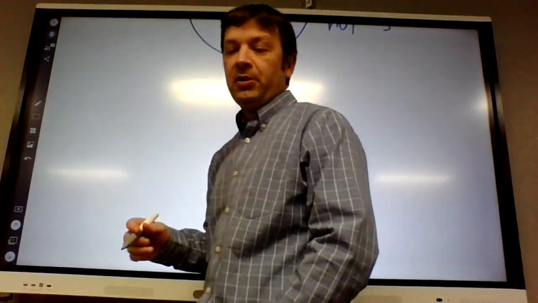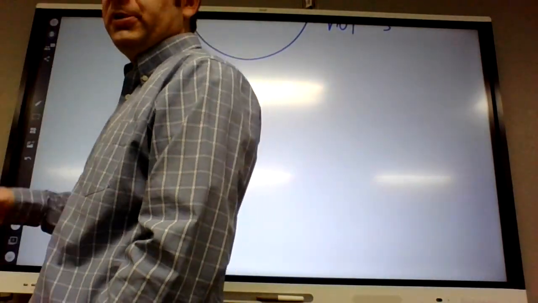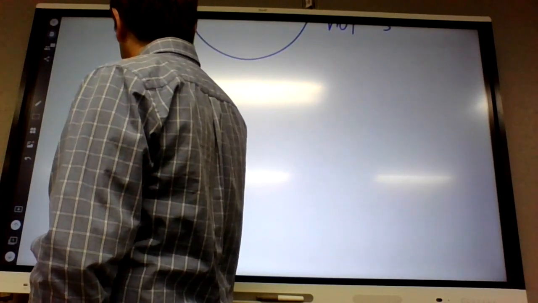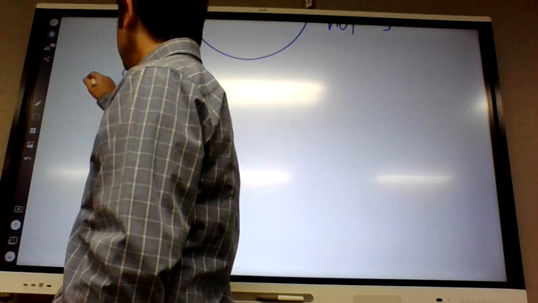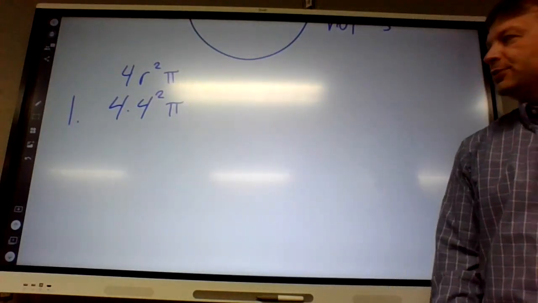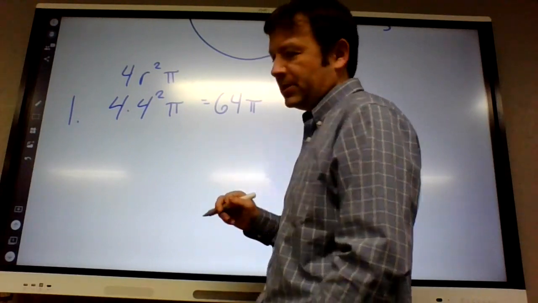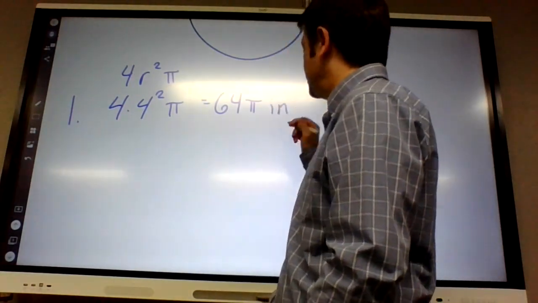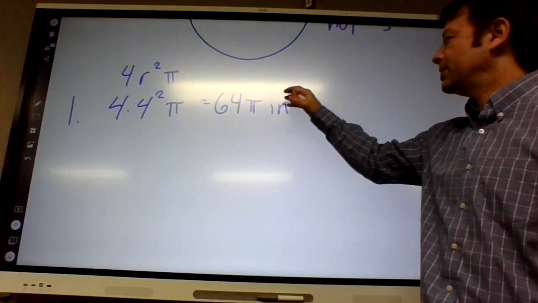The radius is 4, so it's 4 times 4 squared times pi. 4 times 4 times 4 is 64, and this is inches. Should I label this inches squared or inches cubed? Squared, yes. Areas are squared.